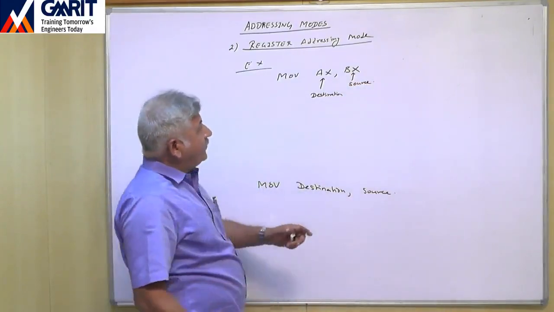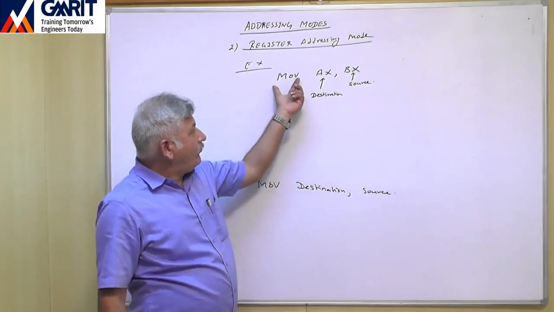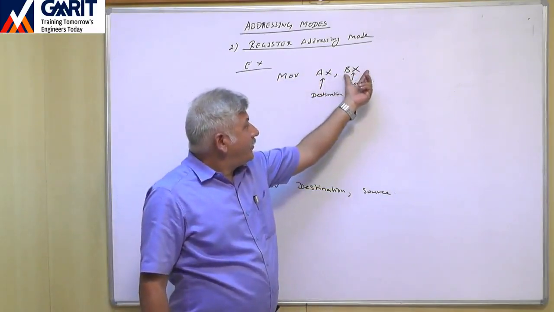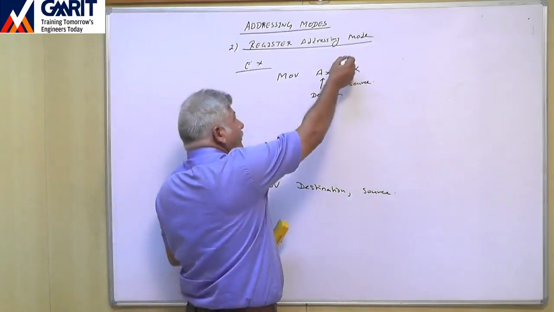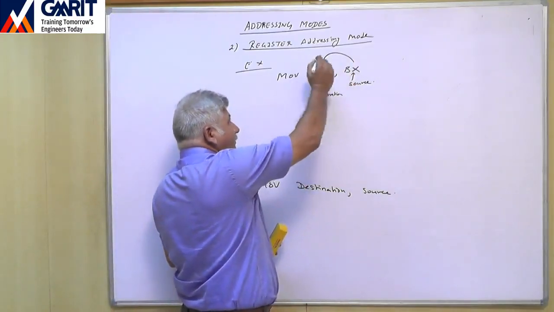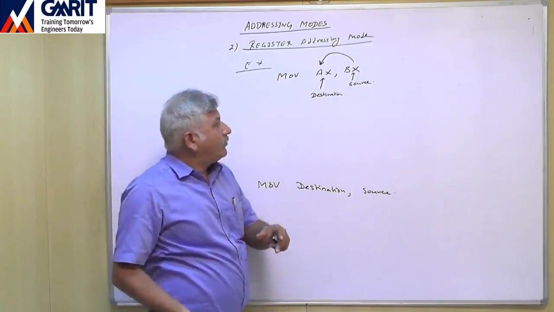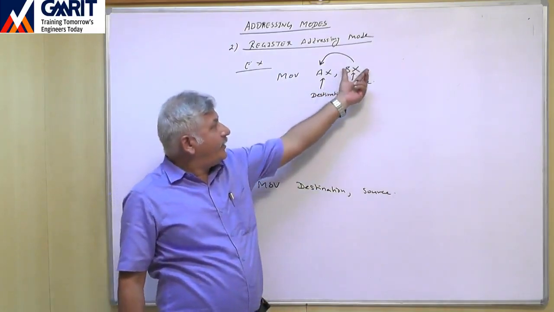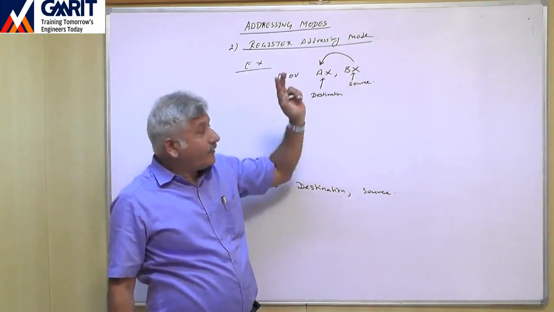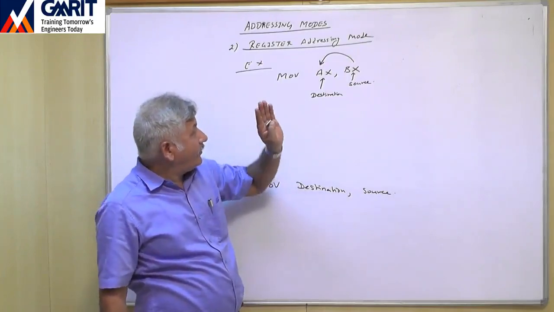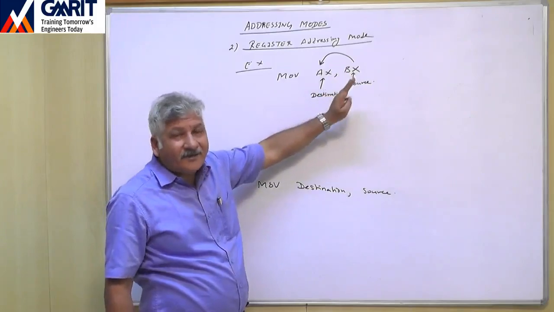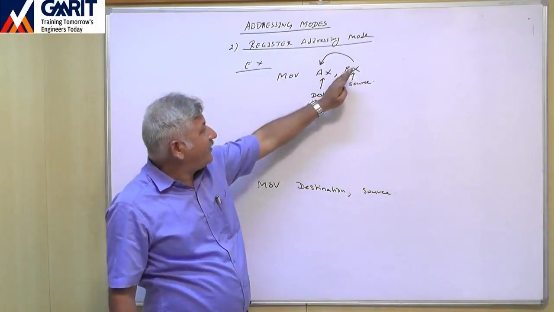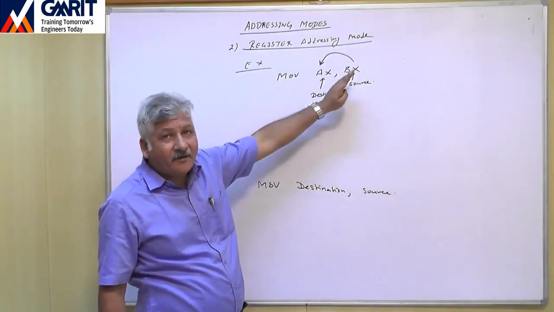So what is this instruction doing? Move the content of BX into AX. So whatever is the value of BX, that will be moved in AX. Basically, you just remember this. This is not basically a move instruction. It is copy paste, right?